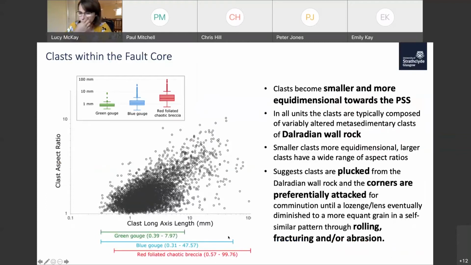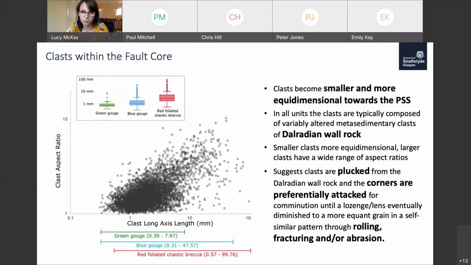So, as I've been going through all these fault core units, the take-home message was that the clasts are becoming larger and more angular as you go away from the principal slip plane. So the clasts are present in every unit with sizes from sub-millimetre to centimetres, and they have a wide range of aspect ratios. The smaller clasts, which you see in the green gouge, are more equidimensional, whereas the larger clasts have a wider range of aspect ratio.